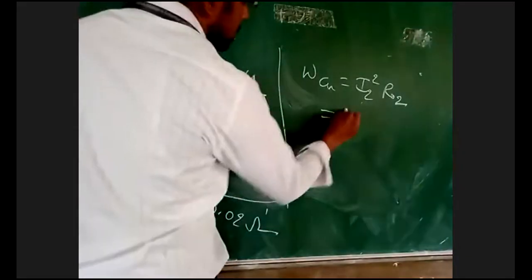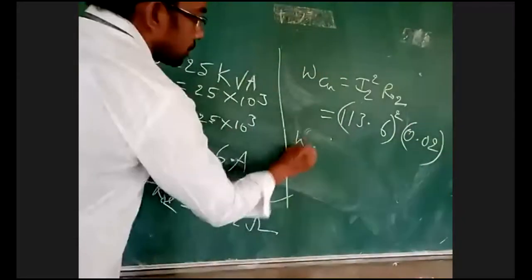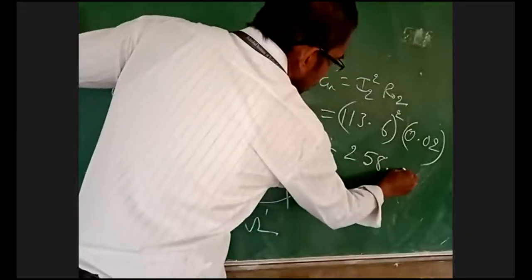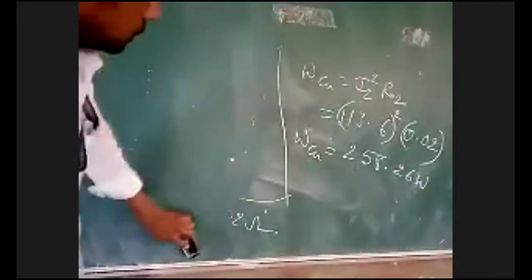Now determine copper loss. It is 258.26 watts. In the problem, what he is saying, iron loss is how much?